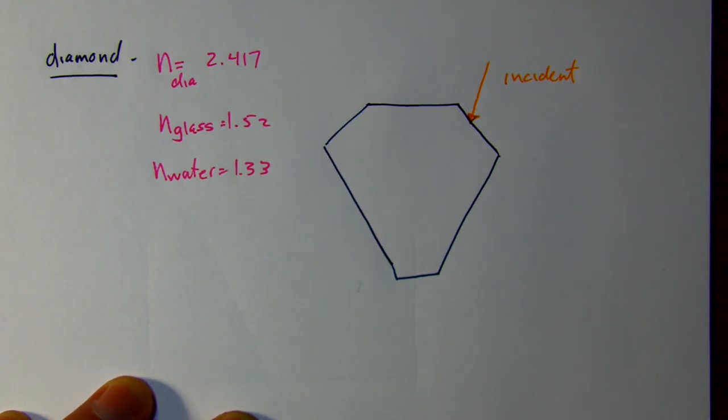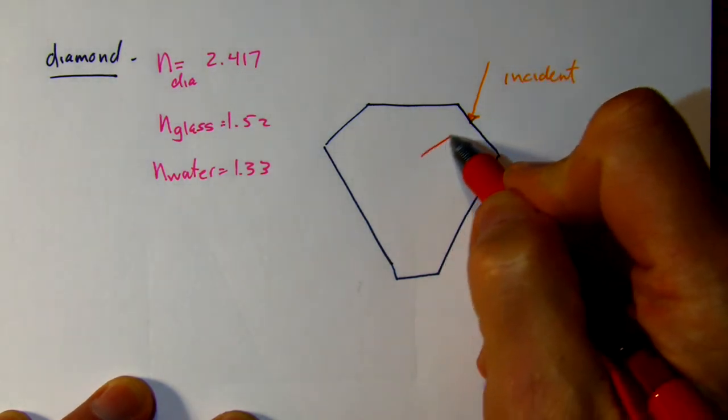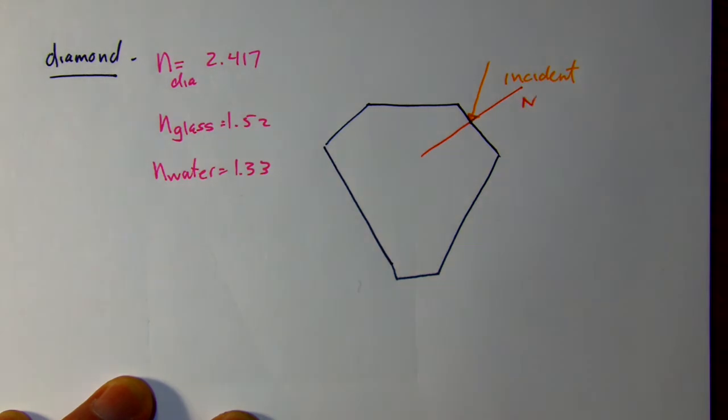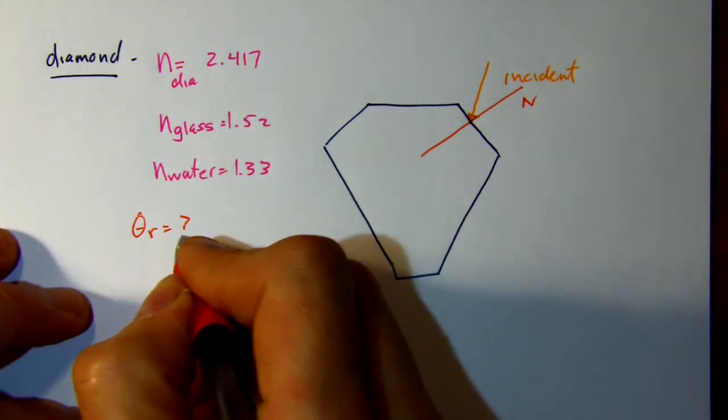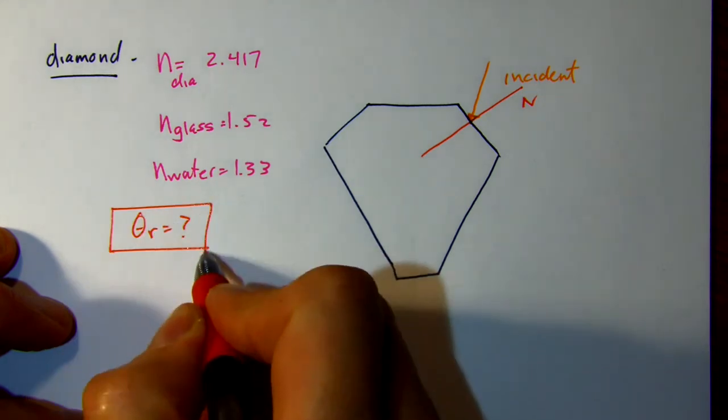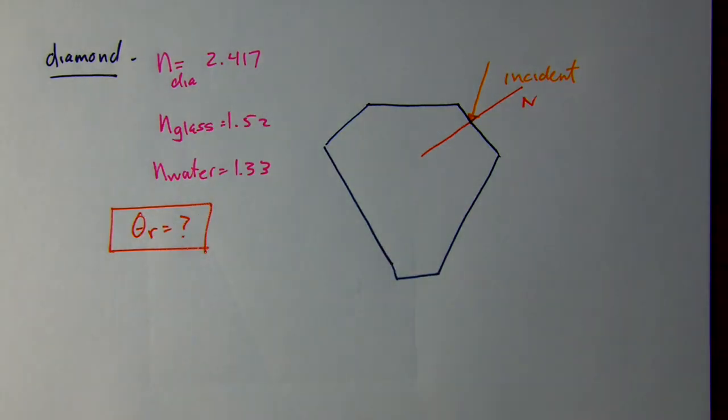And like I said, it's always helpful here to draw this reference line. So there's our normal. Okay. Question. If it is diamond, then what is theta r? What is the refracted angle? Well, we can measure this.